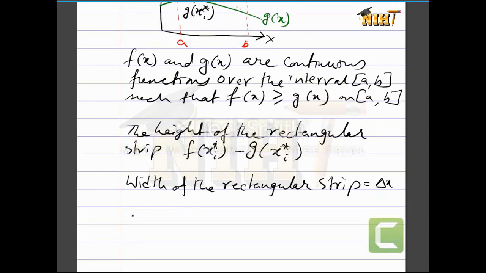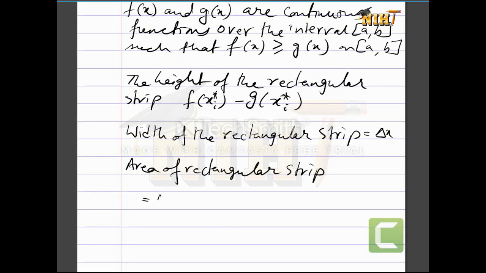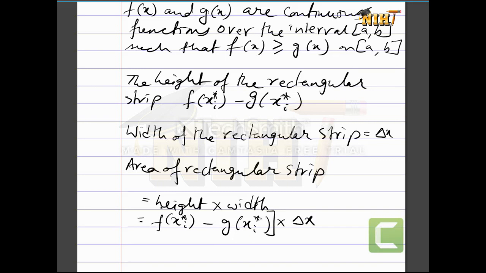So the area of the rectangular strip is given by the height of the rectangular strip times the width, or f of x star i minus g of x star i times delta x.